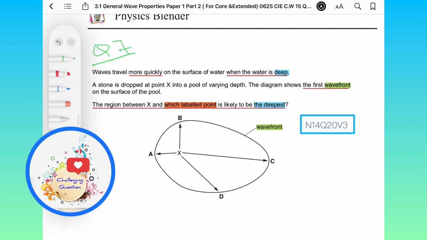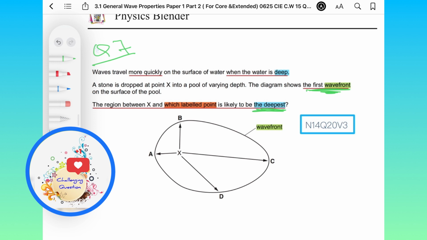We have waves that travel more quickly on the surface of water when the water is deep. You know this information. A stone is dropped at a certain point, and the first wave front is drawn here. The region between X and which labeled point is likely to be the deepest one?